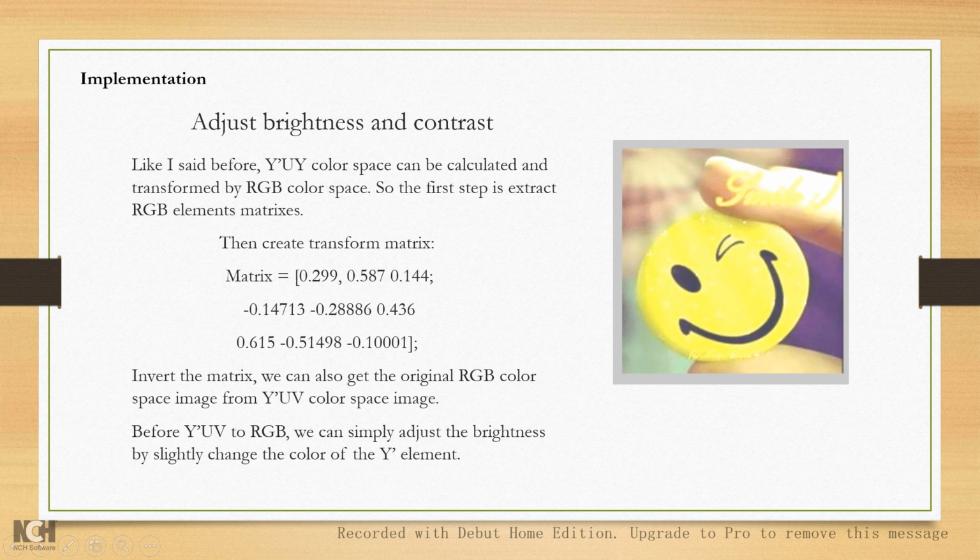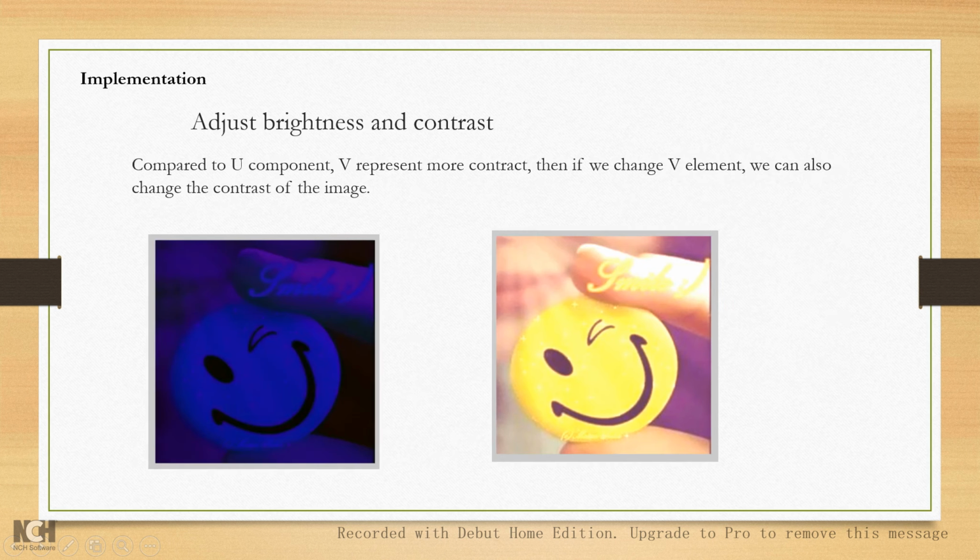We use this matrix to get what we want, which is the YUV color space. And if we slightly adjust the Y elements, we will have this result. See, brighter.